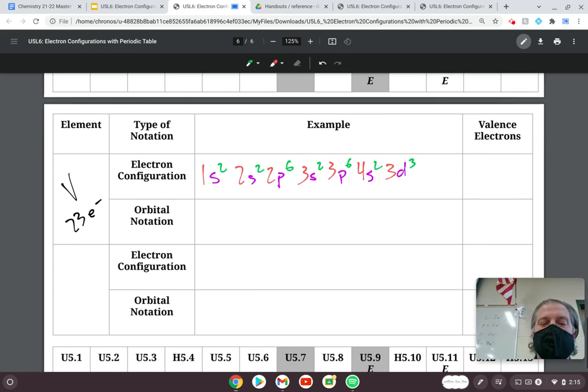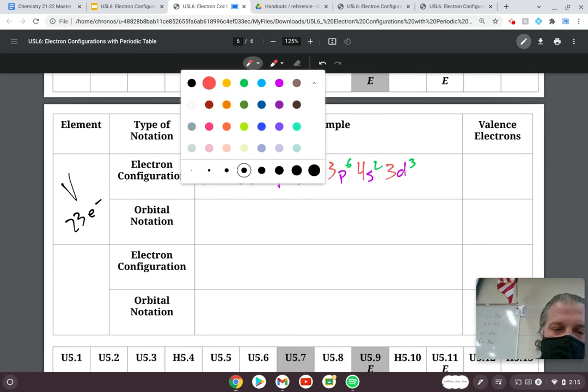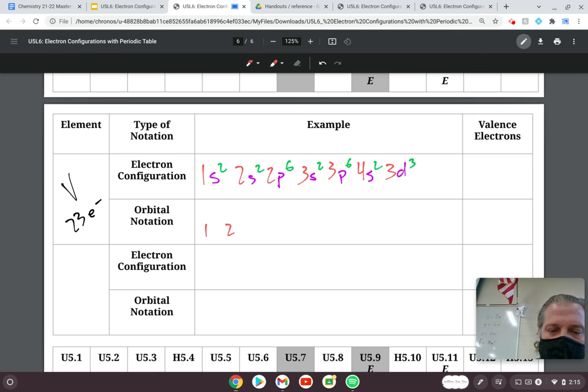So if I translate that into the arrows, I get something like this.